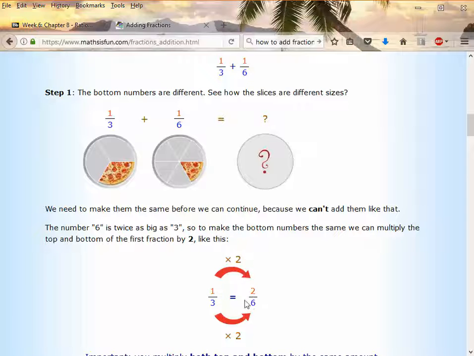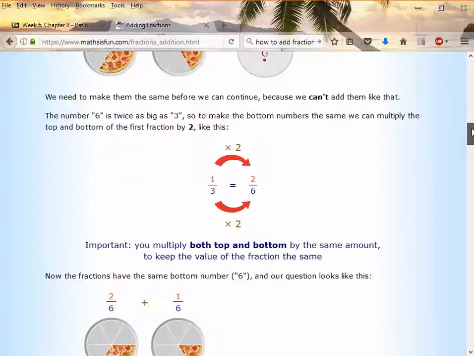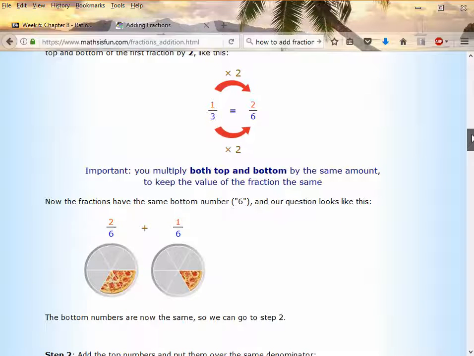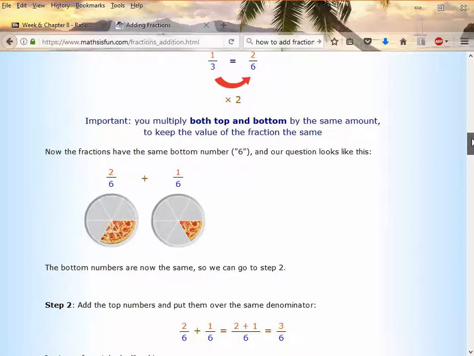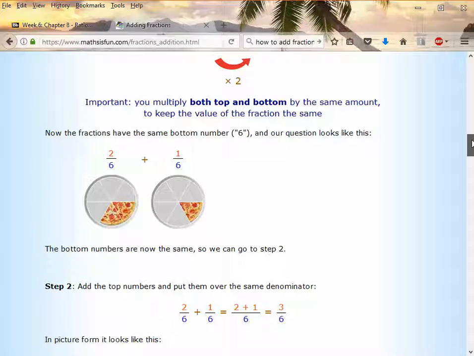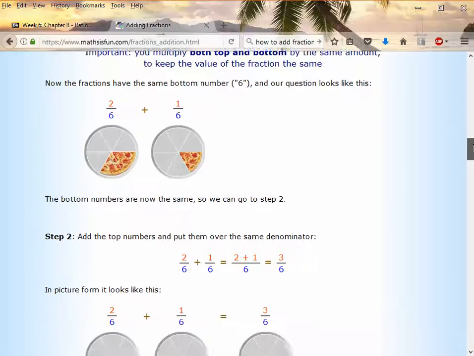You probably remember doing that. So we change 1/3 into 2/6. Now they're both the same. We have 2/6 and 1/6, and we can add them together: 2/6 plus 1/6 is 3/6. And then you simplify after that.